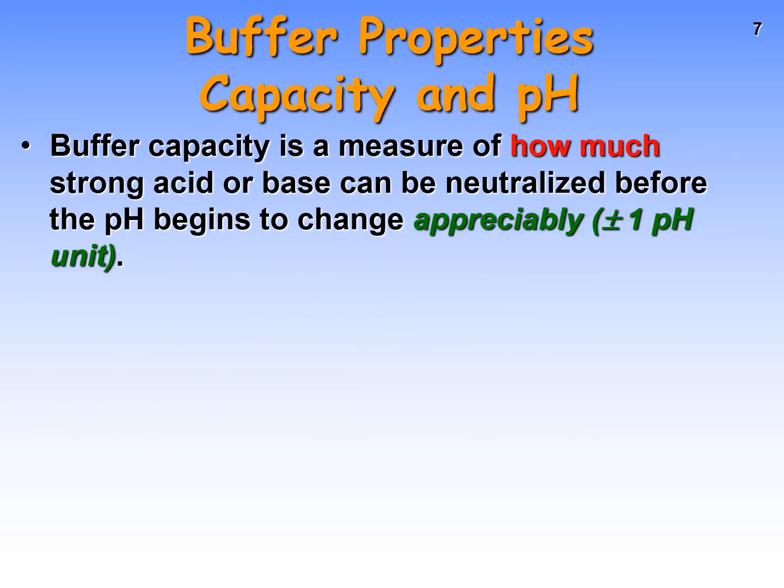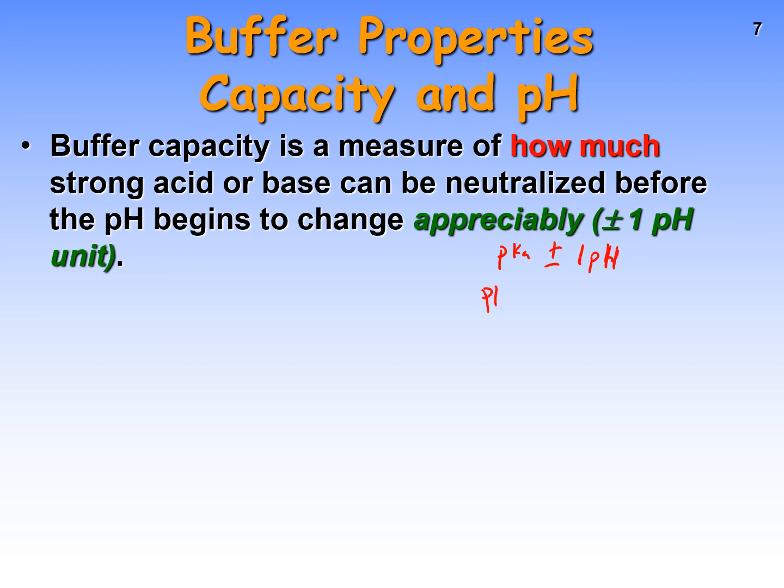Okay. So let's talk a little bit about buffer capacity. Buffer capacity is a measure of how much strong acid or strong base can be neutralized before the pH begins to change significantly or appreciably. Generally, we state that any buffer can still be present as long as we're plus or minus 1 pH from the pKa.